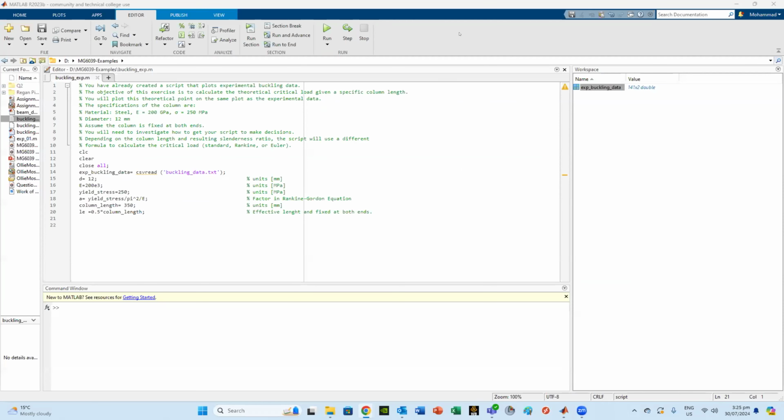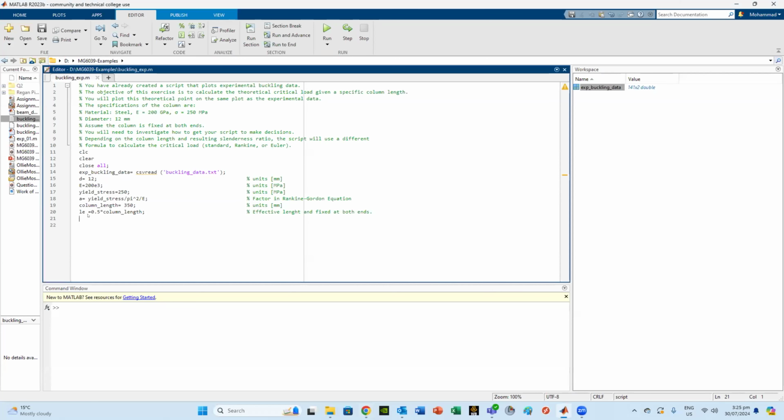So I'm now back to the script, and then we'll define these values. First of all, we start with the second moment of area for a circular shape. It's pi d to the power 4 divided by 64 for a circular shape.